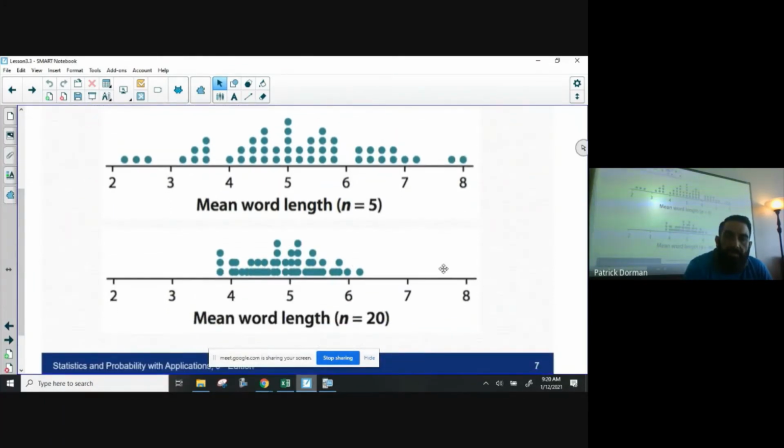In this case, they used samples of size 5 and found an average for each. But if we take a bunch of samples of size 20, our average is going to get closer to the true average, and it's also going to decrease the amount of variation.